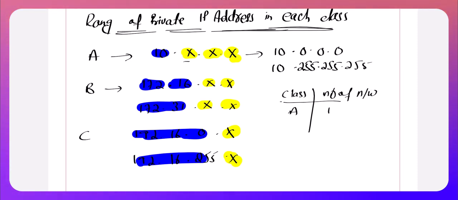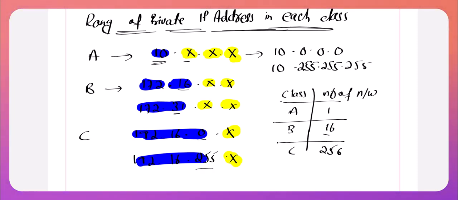Class A has one network. Class B has 16 networks. And class C has 256 networks for private users. One means only the 10 is a network. Here 16 means start from 16 up to 31. And 256 means start from 0 to 255.